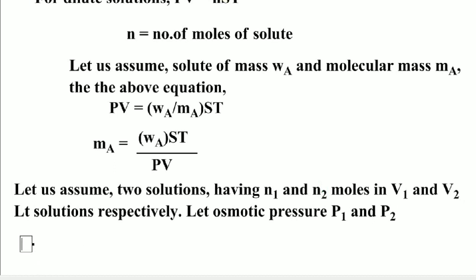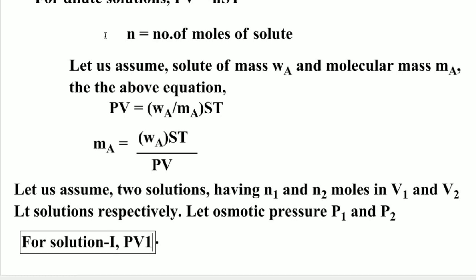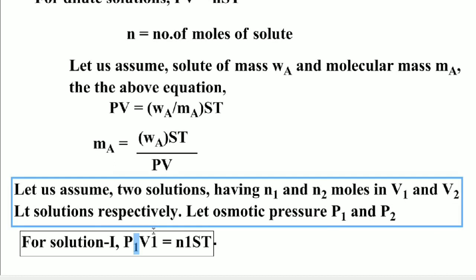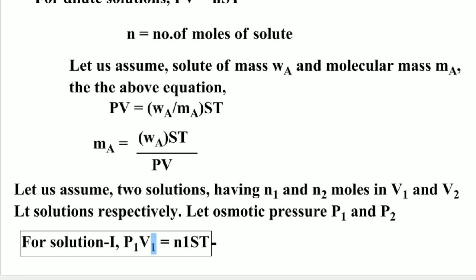Therefore, from the equation for solution 1 we can write P1 V1 is equal to n1 ST. Here P1 is the osmotic pressure, n1 is the number of moles, and V1 is the volume.